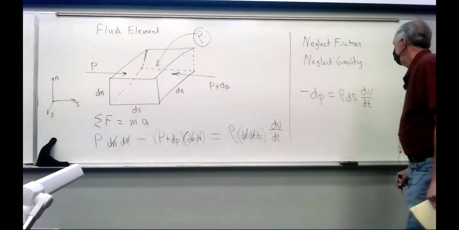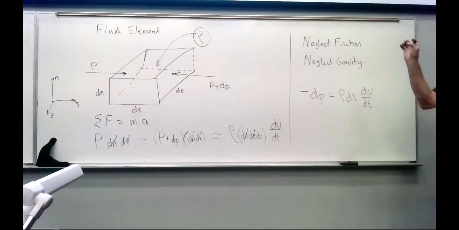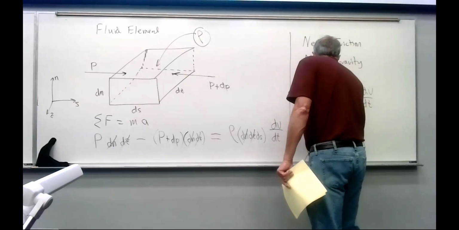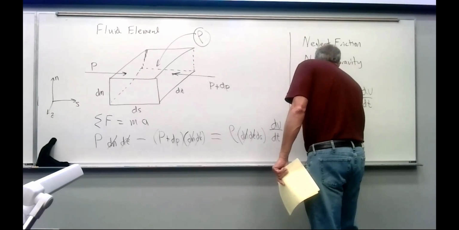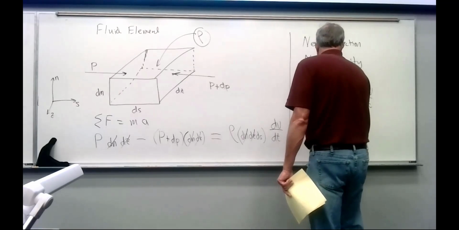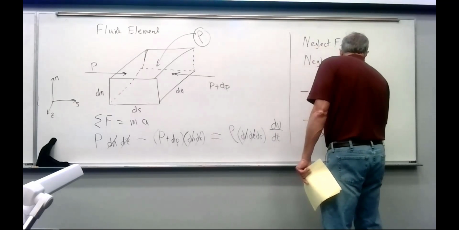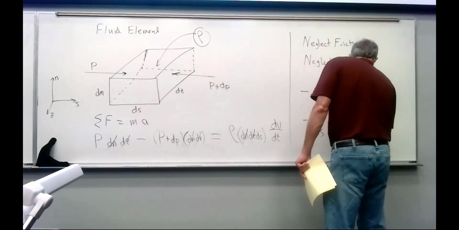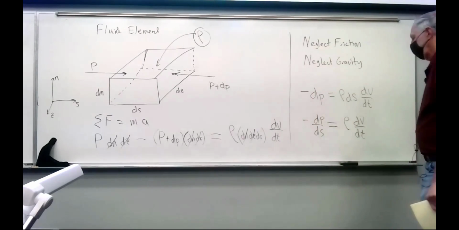gives us, again, a differential equation because we're talking about small changes. In fact, put the ds over here, and it tells us how the pressure changes with location on the streamline related to the acceleration.